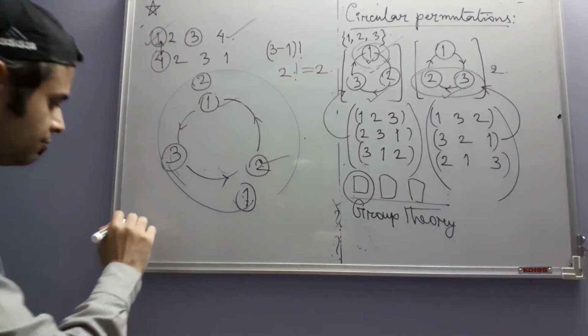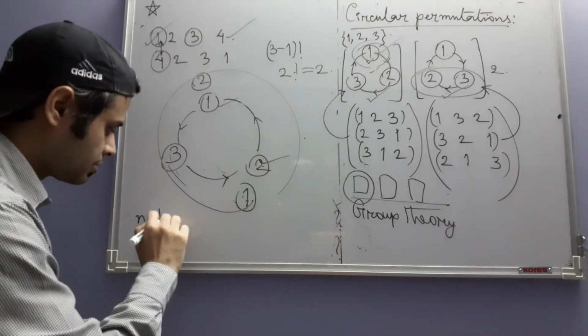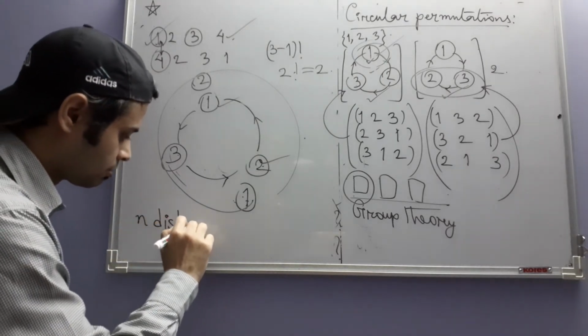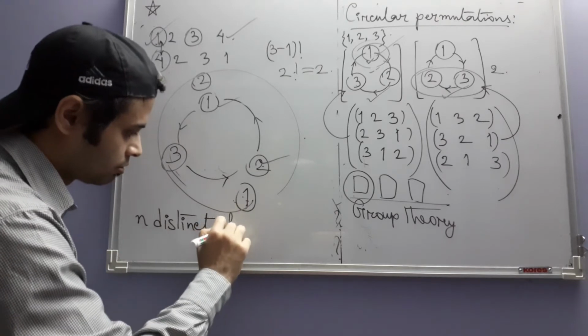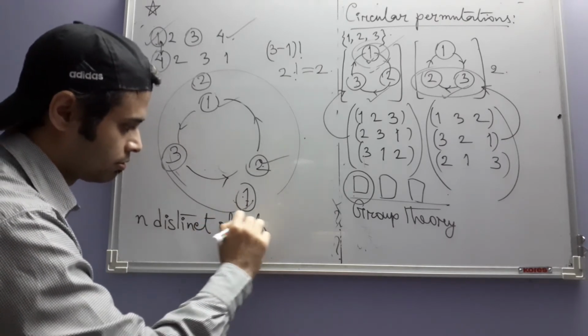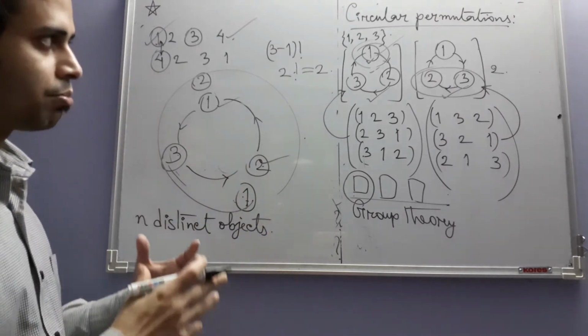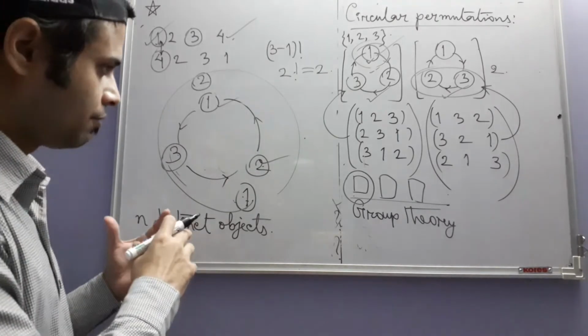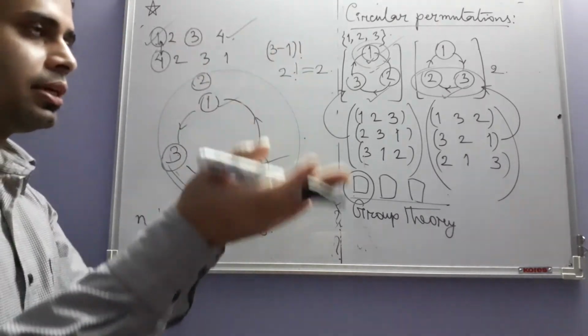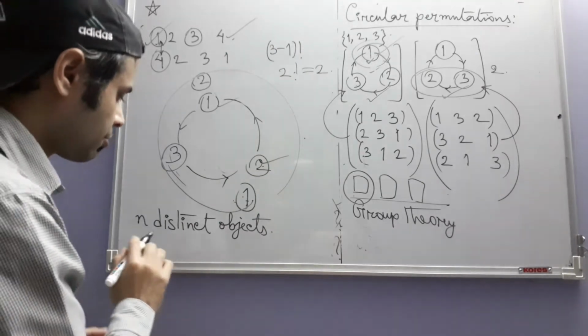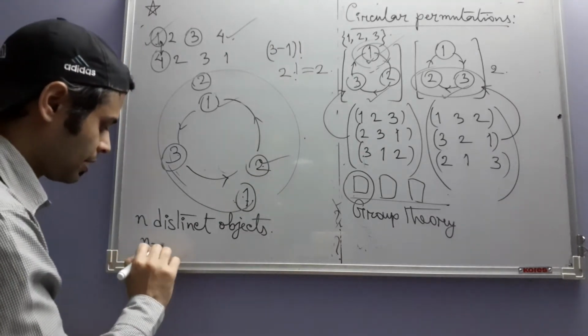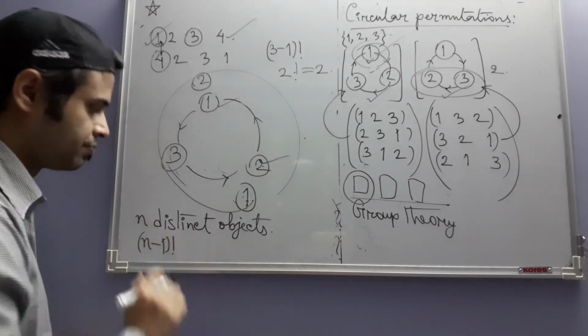So if we have n distinct objects, then the number of permutations of these objects around a circle is not n factorial but n minus 1 factorial.